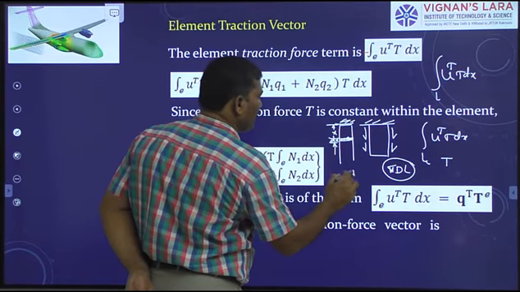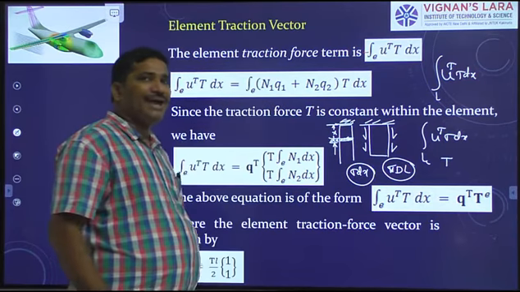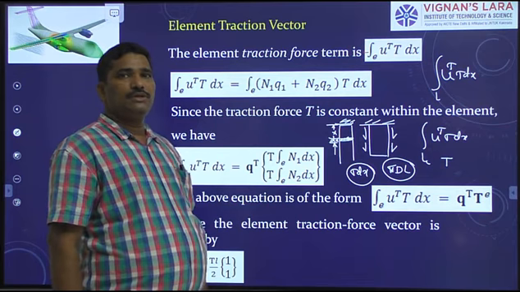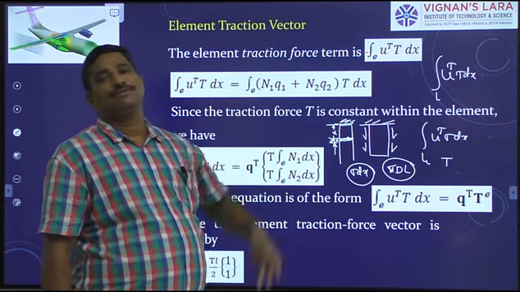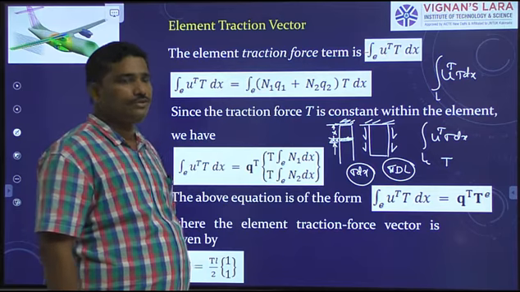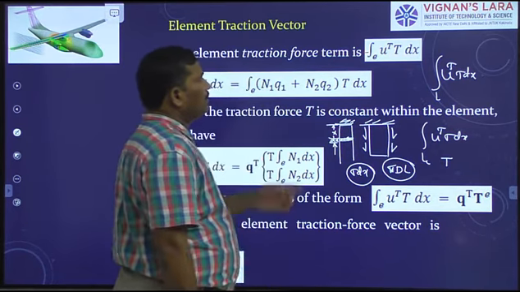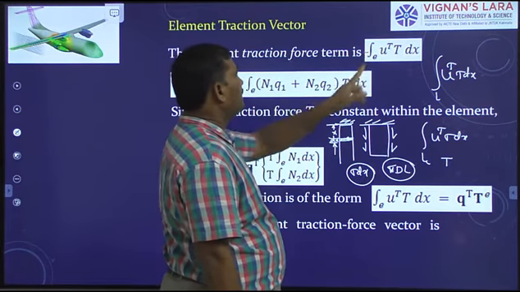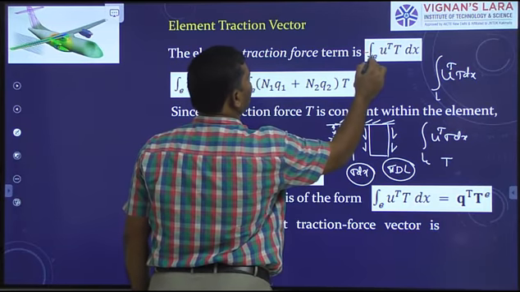It is simply T into dx. Therefore, T dx represents the traction acting on the infinitesimal element. If you want it for the entire solid, you have to integrate. Therefore, U transpose T into dx is the expression, the integral over the length of the element for the element traction.